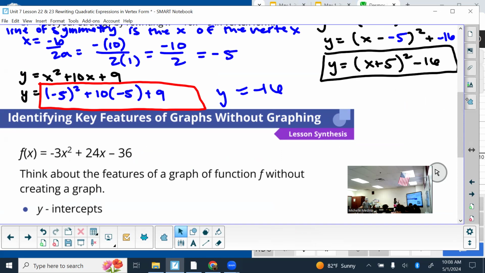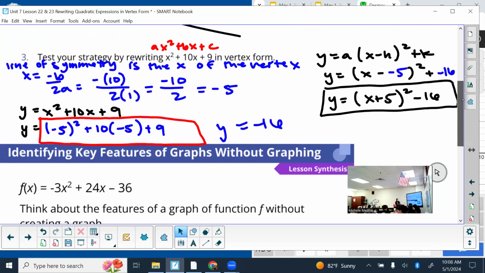You have one that is an equation, and the other one's a table. So be able to identify all these different things without graphing. I'll give you 5 minutes and then I'll check in, see how you're doing. But try the next two. I'm not gonna scroll down, I'm gonna leave it on this in case people want to look at it. But give me 5 minutes to try the next two.